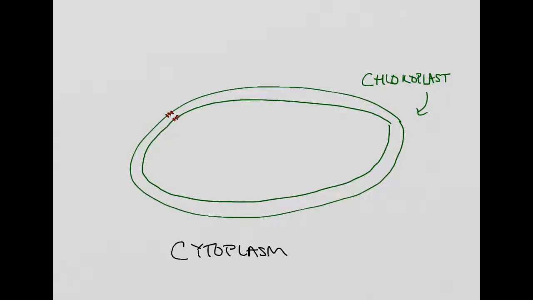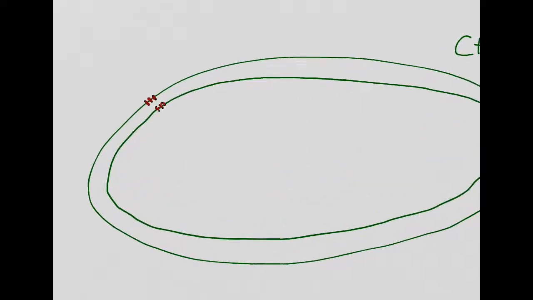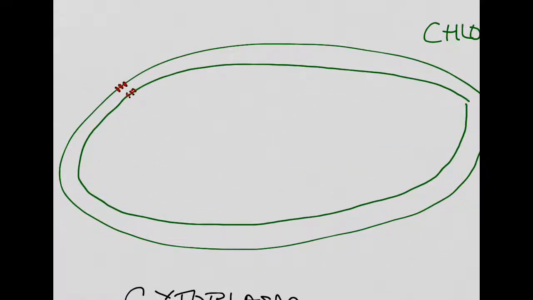So the chloroplast is an organelle embedded within a larger cell. And then within this double membrane, there is another structure, and I'm going to draw it here. Don't copy me on your notes until after I've finished, and you'll see why in a second, because I'm going to have you erase some things.